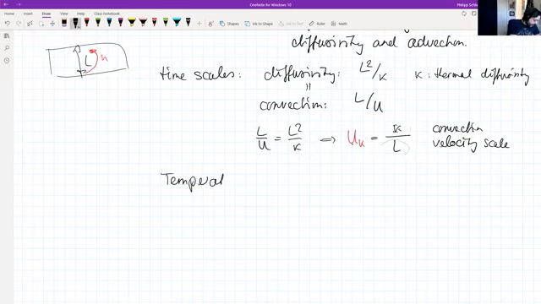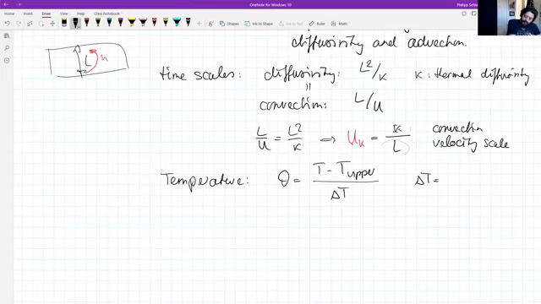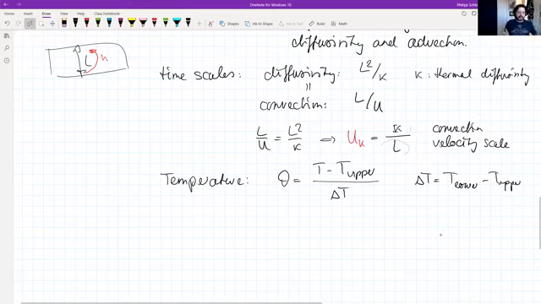So, temperature non-dimensionalization. The idea there is that a non-dimensional temperature theta would be the temperature minus the upper temperature, divided by delta T. And this delta T could be T lower minus T upper.